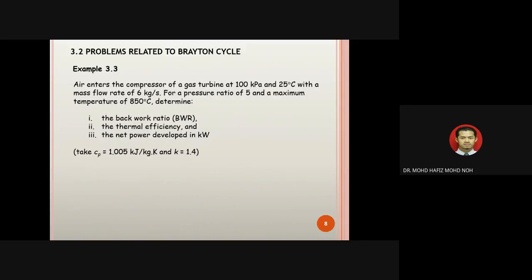This is the condition at state 1. They give you the mass flow, which is 6 kilogram per second, for a pressure ratio of 5, so Rp equal to 5, and a maximum temperature of 850 degrees Celsius. You will determine the back work ratio, thermal efficiency, and net power developed.